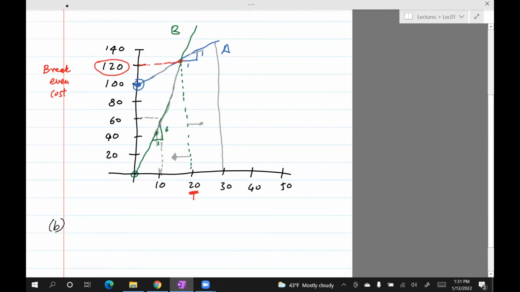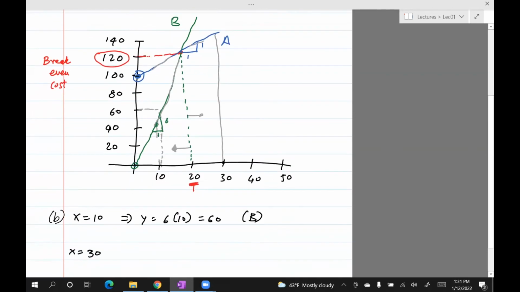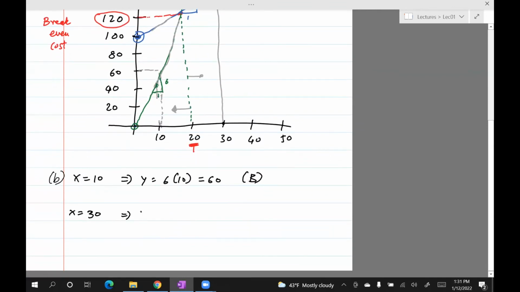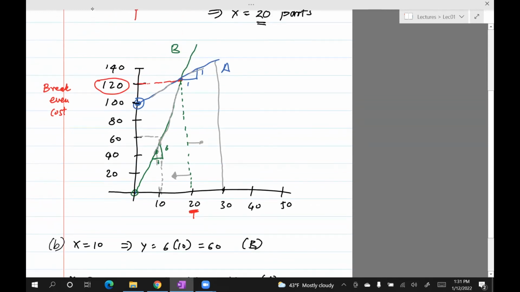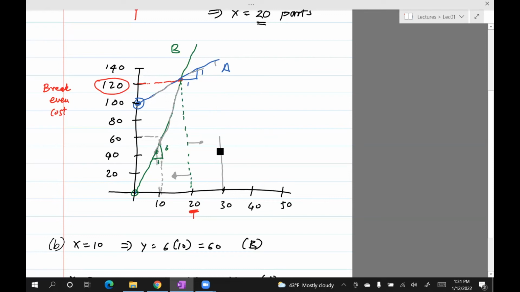Okay, so when we have x equals 10, we have y equals 6 times 10, which is 60. And so you'll use machine B. And if you have x equals 30, which is right here, then you would use machine A. So the cost would be y equals 100 plus 30, which is 130. That would be machine A. So at this point, again, this figure is not quite right. I can modify this a little bit.